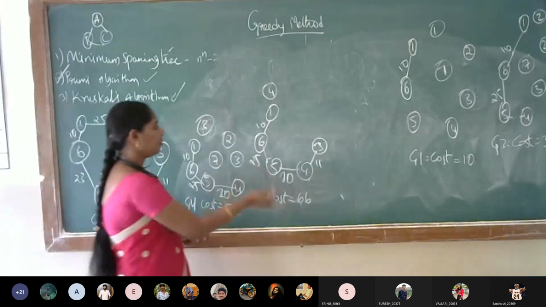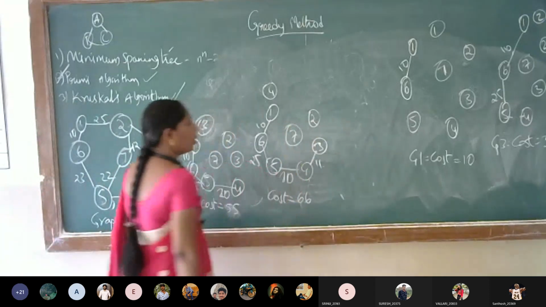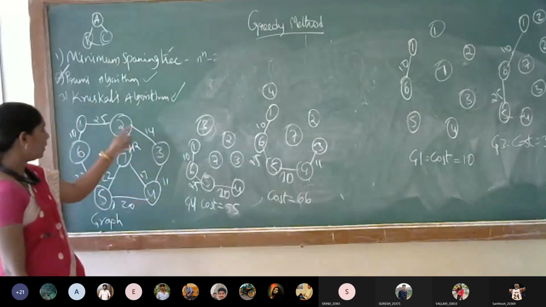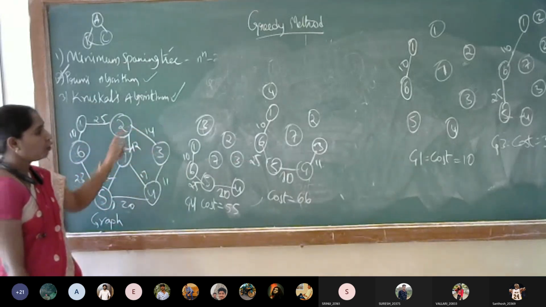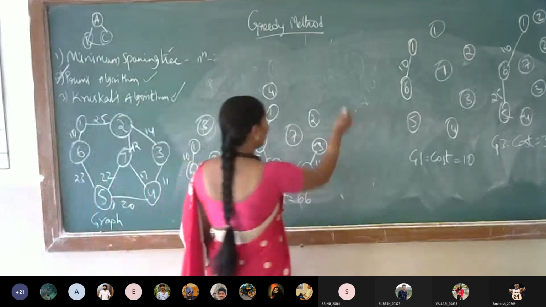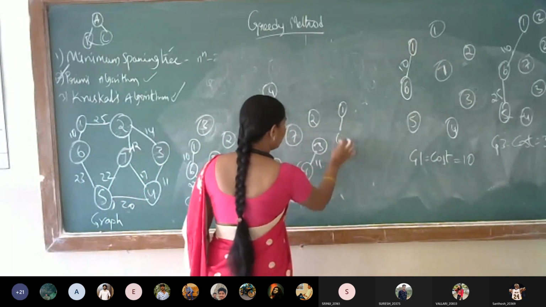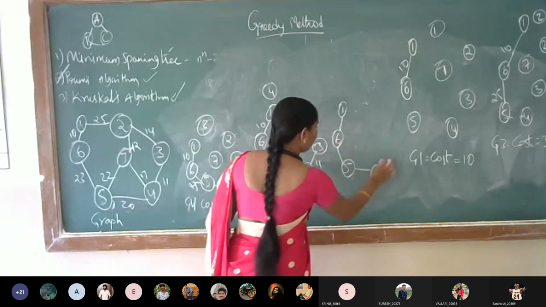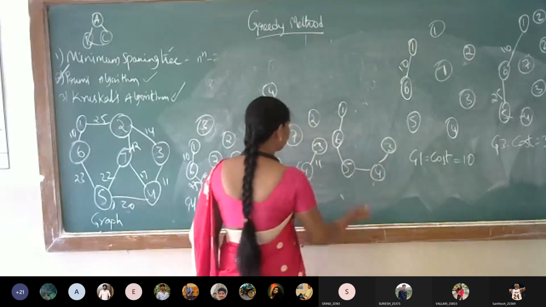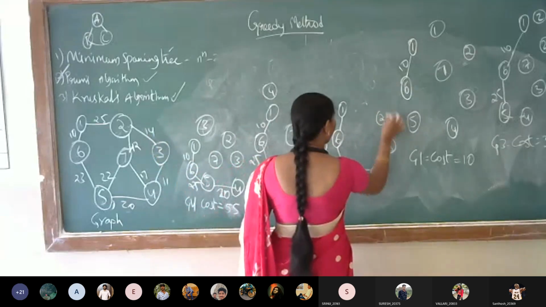Okay, in the same way, next we need to visit either node 2 or 7. Whenever we are visiting from here to node 2 or 7, we are directly visiting node 2. So the next graph we will be getting is 1 to 6, 6 to 5, 5 to 4, 5 to 3, and 3 to 2.